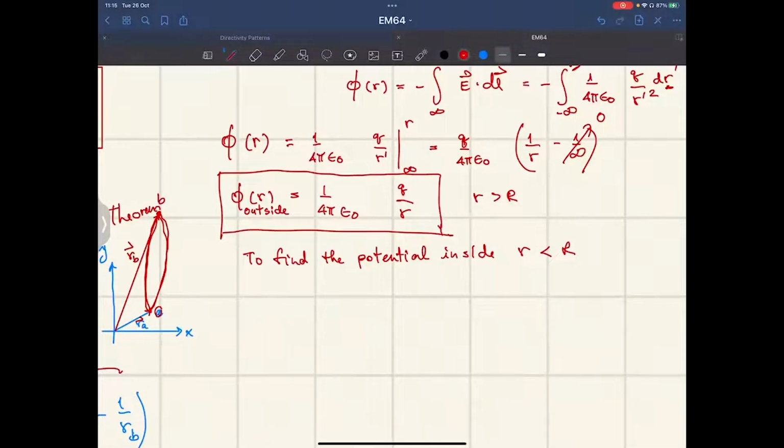We have a sphere, and we want to find the potential inside the sphere, let's say at this radius. Our reference point is at infinity. This is the reference point. So first we have to do this integration until the surface here.